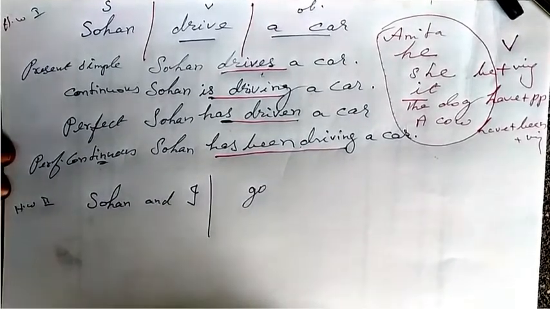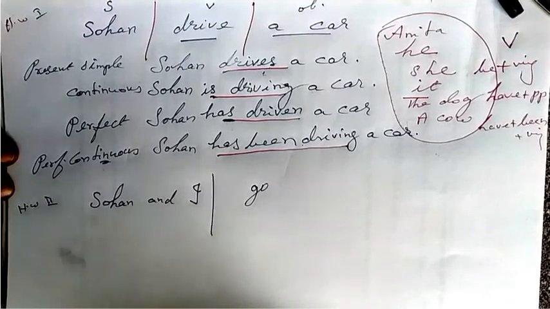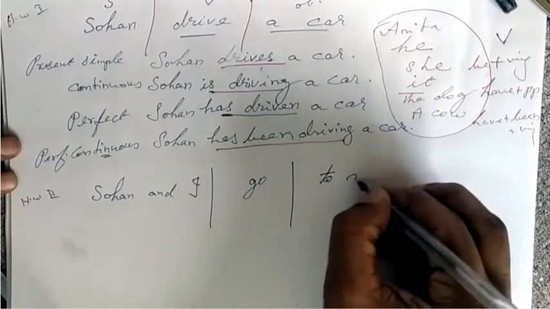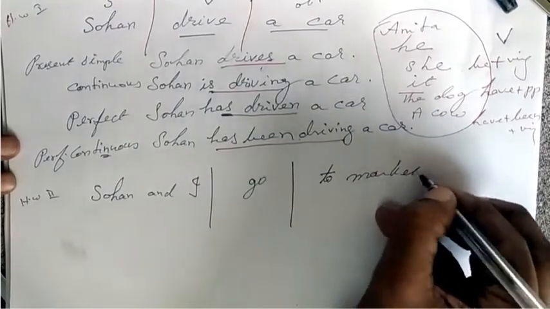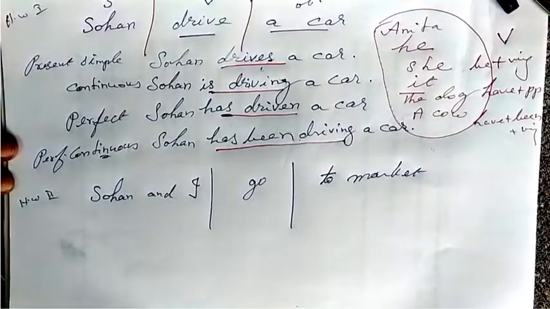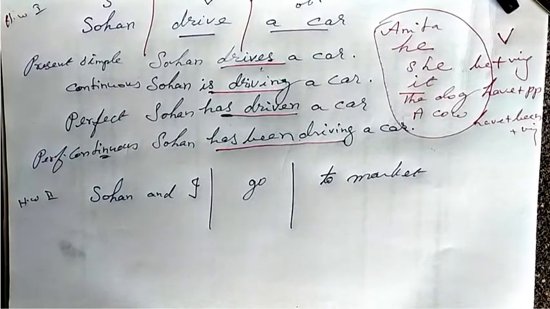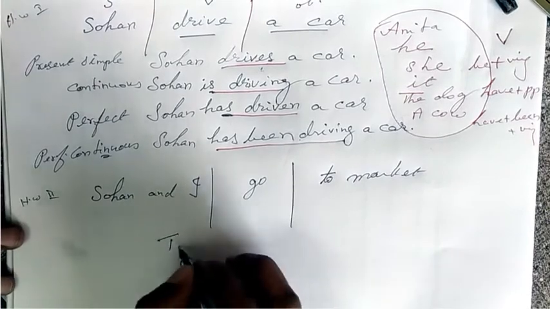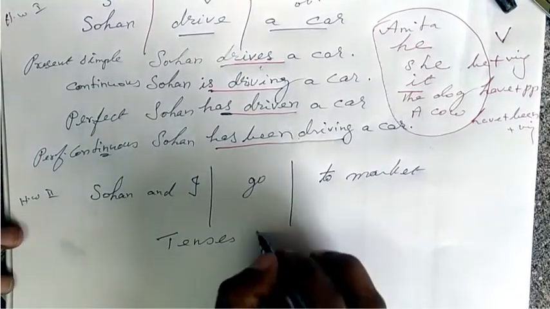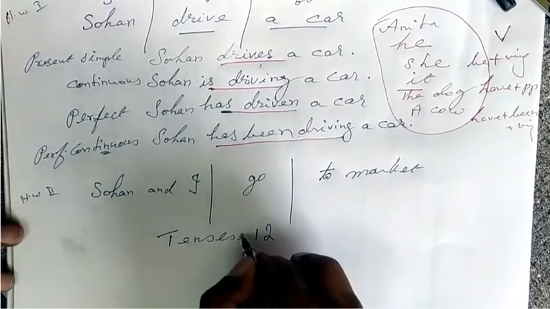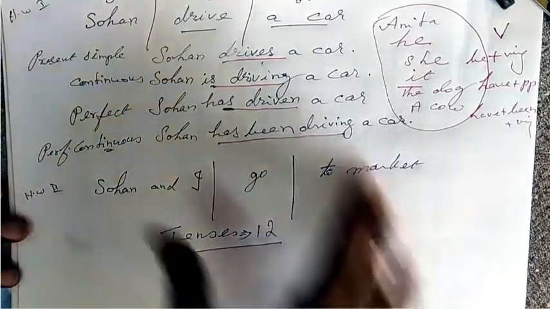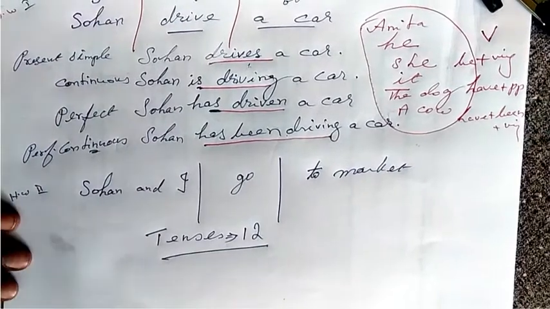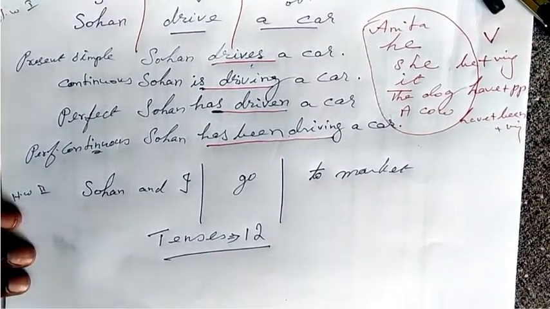Suppose you need to add ing, going. Right, there you have the 3. You have to combine them and make them into 12 tenses. Tenses, 12 in number. And this is what you will get. By that, you will become quite familiar with all the tenses.